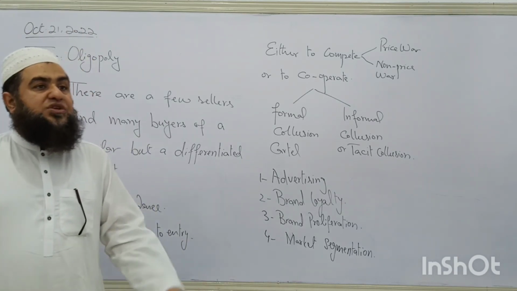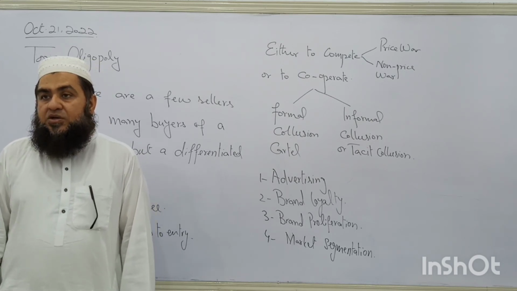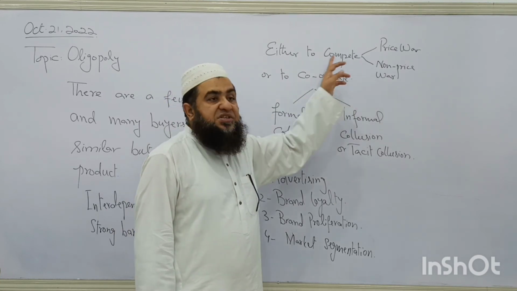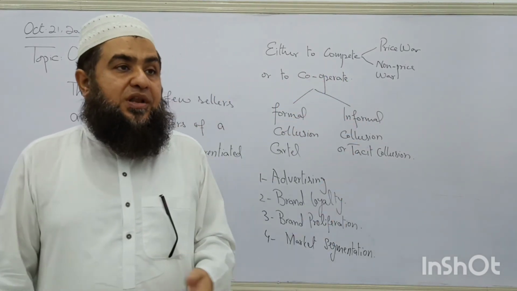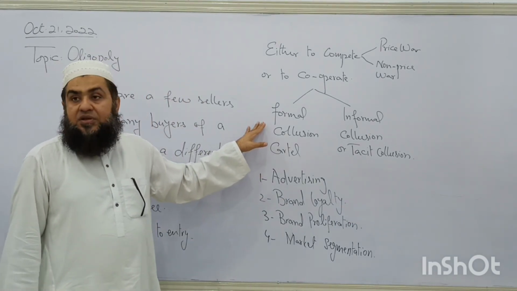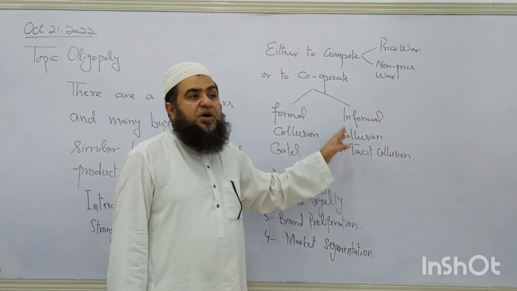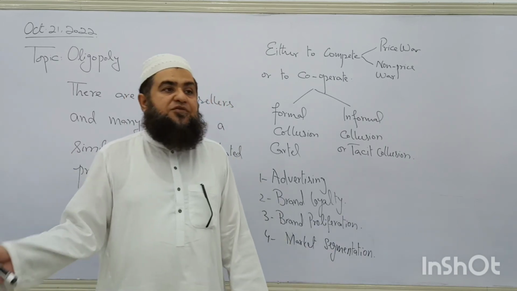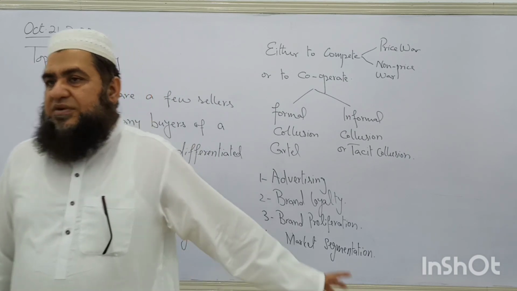Now the firm has to decide the profit maximizing level of output again. So what are those? We have different models like the price rigidity model in oligopoly, the price leadership model, or the formal collusion model. Here formal means they make a cartel, and in case of informal we have the price leadership model, that the follower firms are following the market leader.